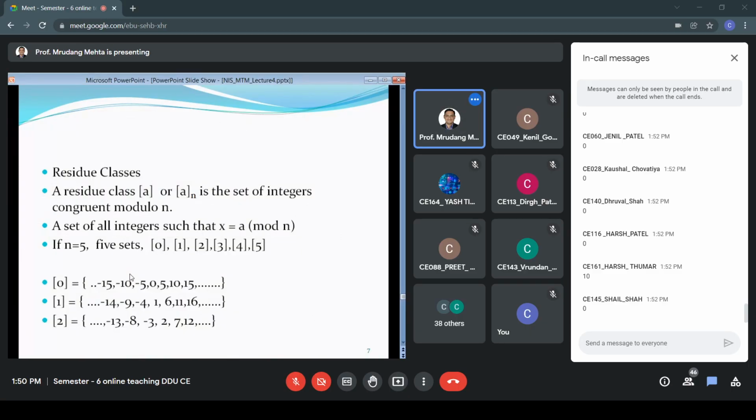Is that clear? Similarly for 2, if we take minus 13 mod 5, the remainder is 2. Okay, understood these residue classes?